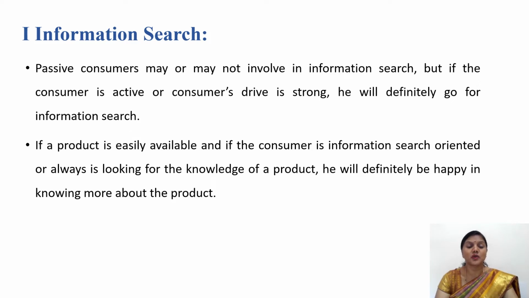For these kinds of products, he will try to collect the information first and then purchase the product. So if a product is easily available and if the consumer is information search oriented or always looking for knowledge of the product, he will definitely be happy in knowing more about the product.